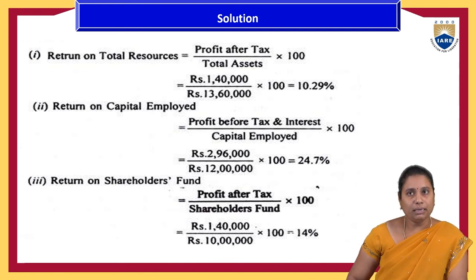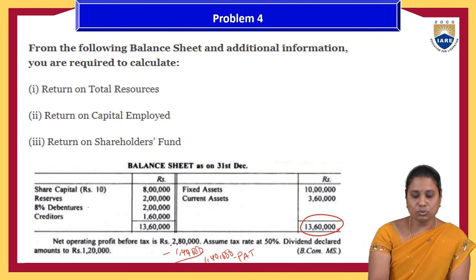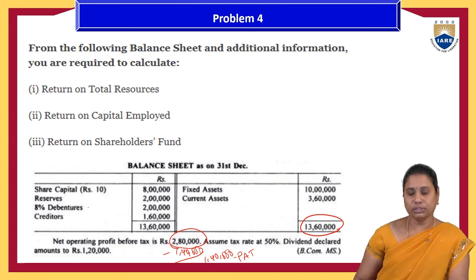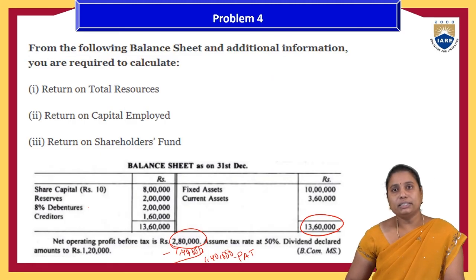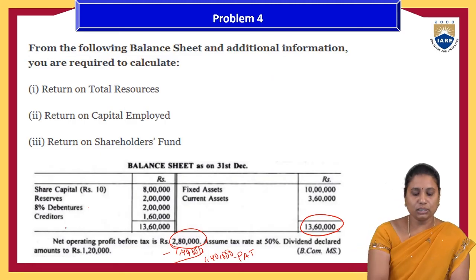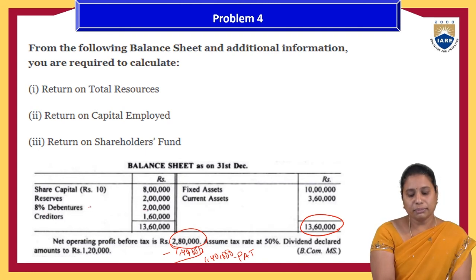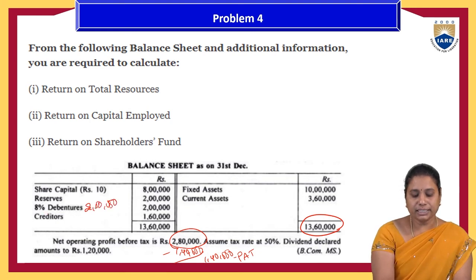And return on capital employed is profit before interest and tax divided by capital employed, that is the capital they have taken. Profit before taxation is 2,80,000, and we have to add the interest on debentures: 8% on debentures worth 2 lakhs, and 8 twos are 16,000 rupees.